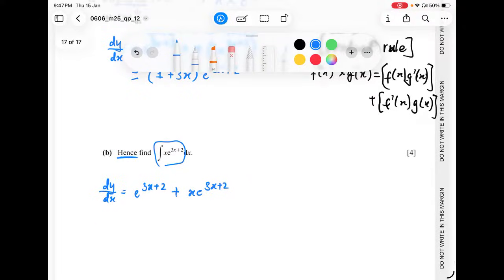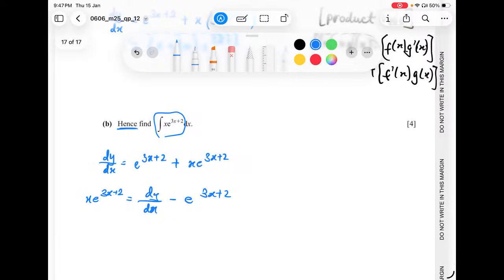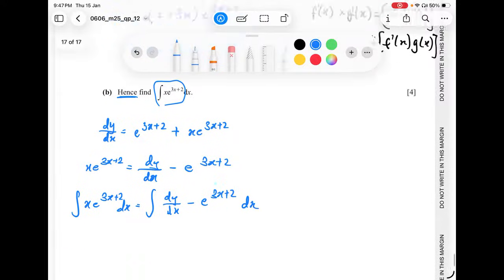So basically what they're asking you to do is make x e to the 3x plus 2 the subject. So that should give you dy over dx minus e to the 3x plus 2. And when you integrate this, the integral of x e to the 3x plus 2 dx, you just integrate this whole thing, dy over dx minus e to the 3x plus 2 dx.